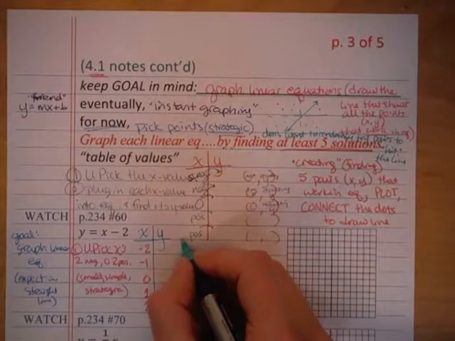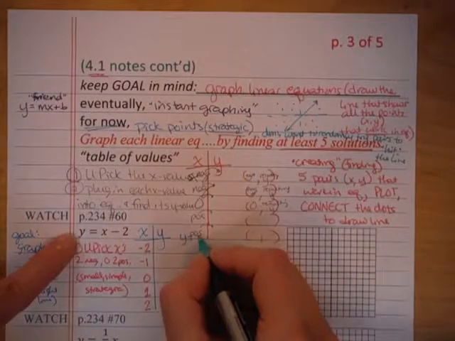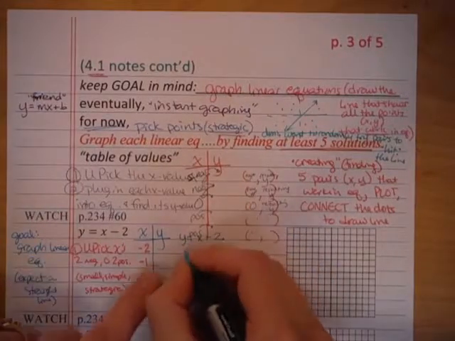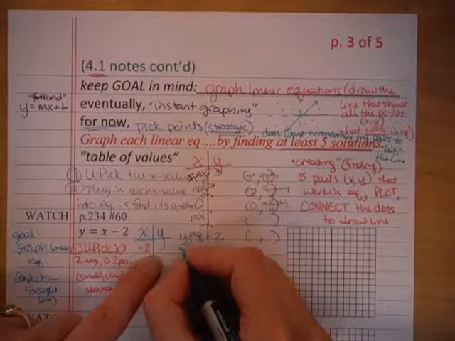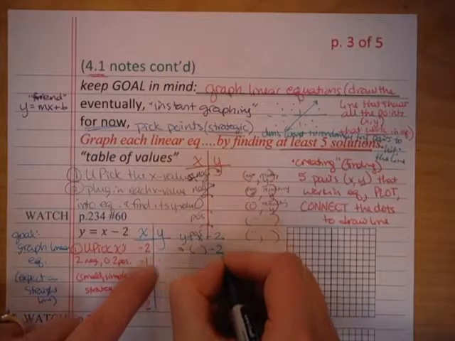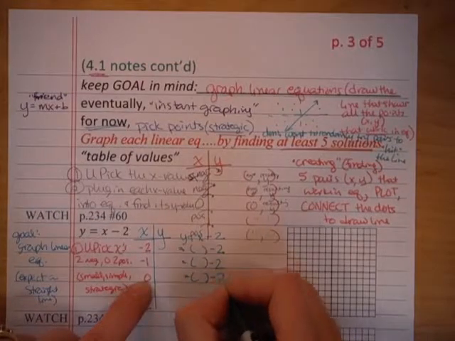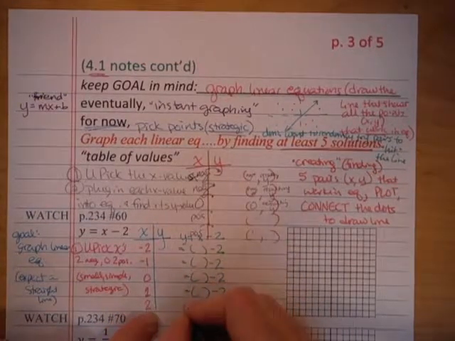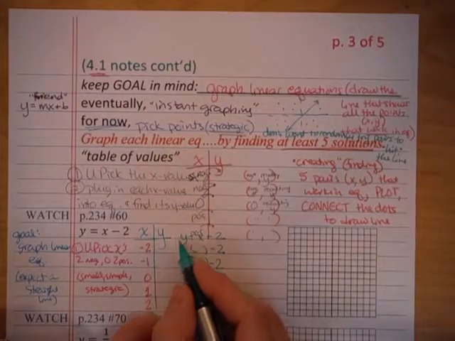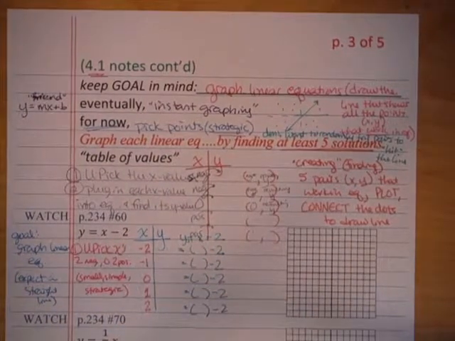Okay, so now you're going to take that y equals x minus 2. Your y value is going to be equal to your x minus 2, no matter what that x is. So I'm just going to set up my y equals x minus 2 and plug in those x's.